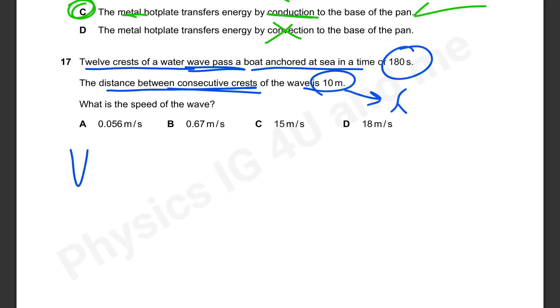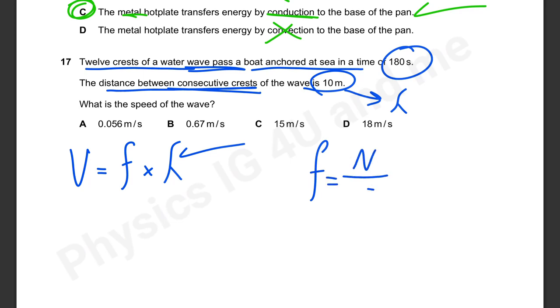We know already speed of the wave equals the frequency multiplied by the wavelength. Wavelength I already have. How about frequency? Frequency equals the number of waves over the total time. They said 12 crests passed, this means 12 waves over the total time, which is 180 seconds.